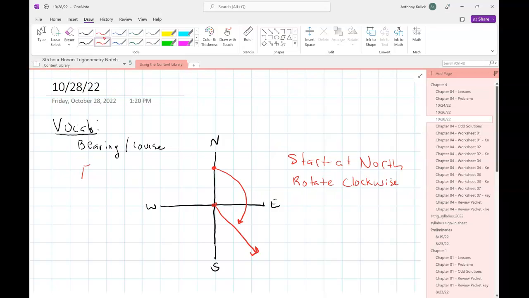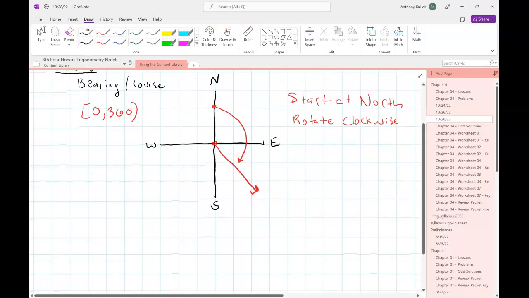Keep in mind for bearings and courses, everything is bounded between 0 and 360 degrees. So there's no negative bearings. There's no coterminal bearings. Everybody's cool? Okay.